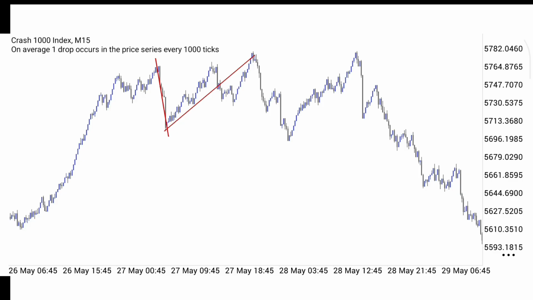So when it has done that, you know that you are still in an uptrend, right? But here's what happened. It came down again and broke this structure.